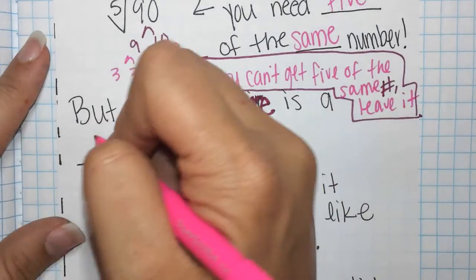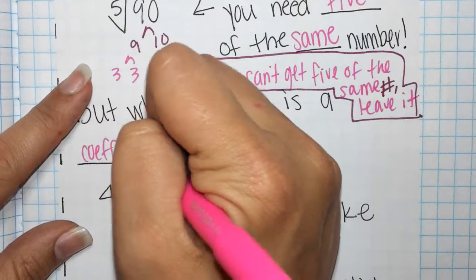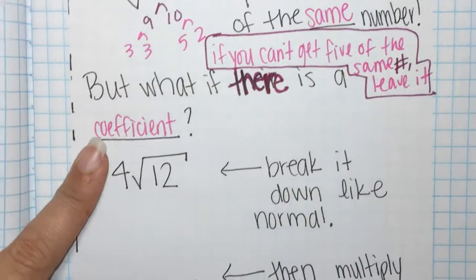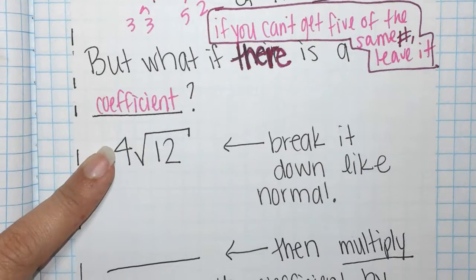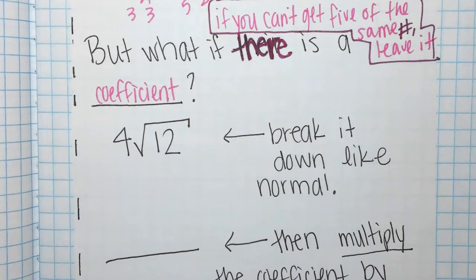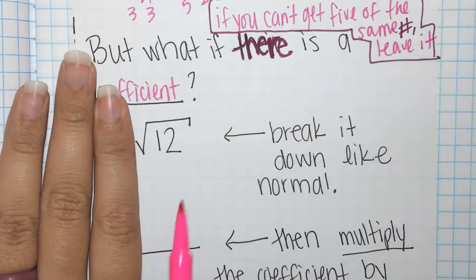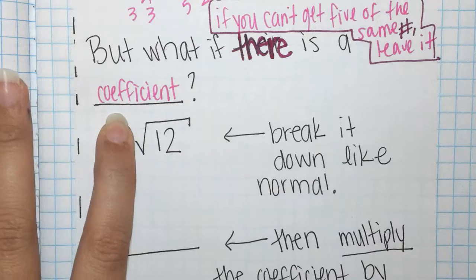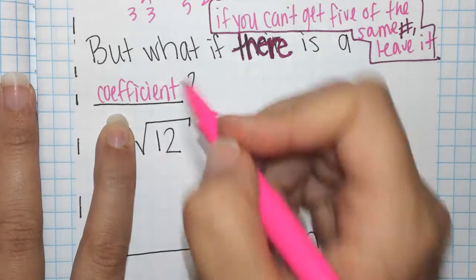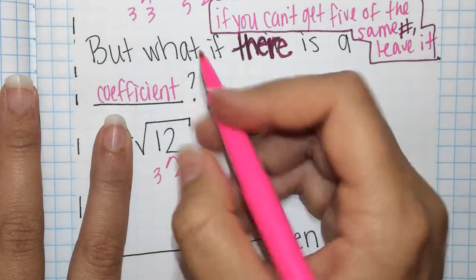All right, but what if there is a coefficient? So you break it down like normal. Let's ignore the 4 up front. And tell me what we would break 12 down into. 3 and 4, because 4 is the biggest perfect square. All right, and what's 4 broken down into?